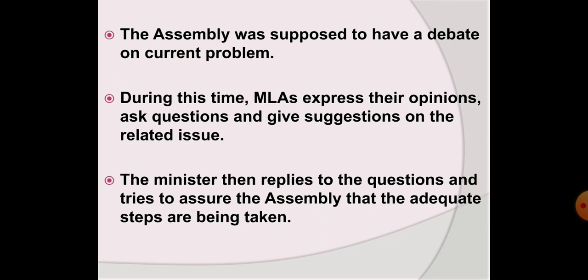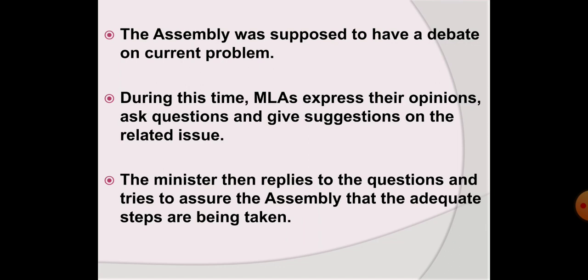In the first video of this chapter, we learnt about the problem that the state was facing: water shortage and diarrhea. So this is the time when MLAs can express their views on the related issue. They can ask questions related to the problem and can also give suggestions about what should be done by the government.